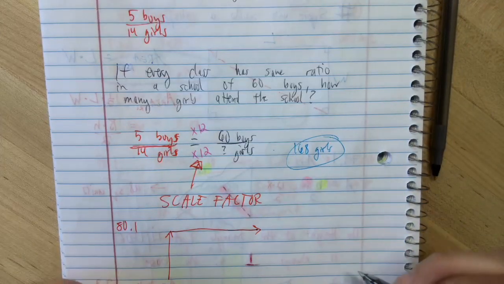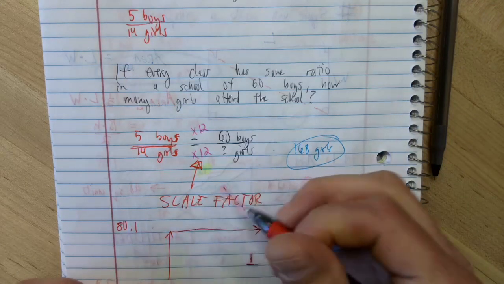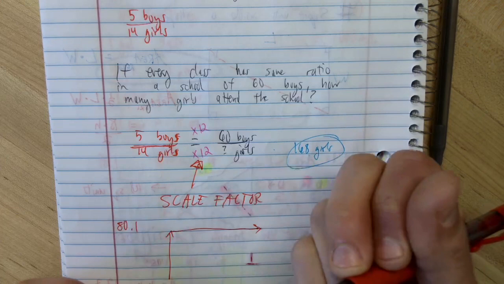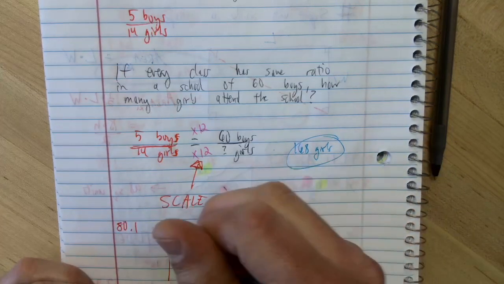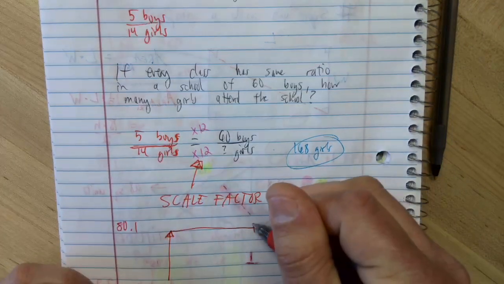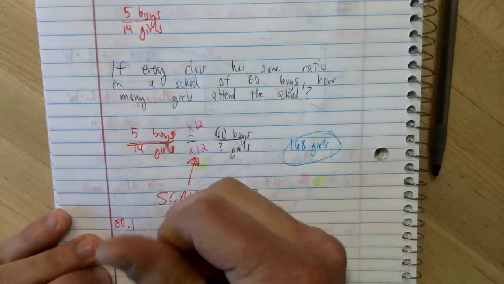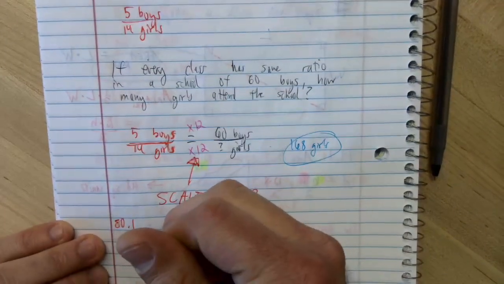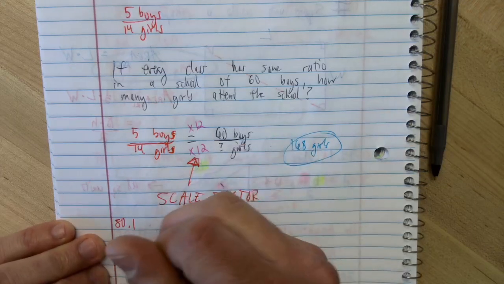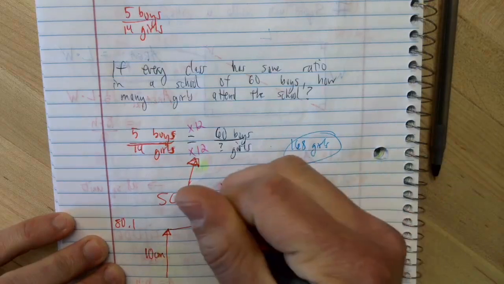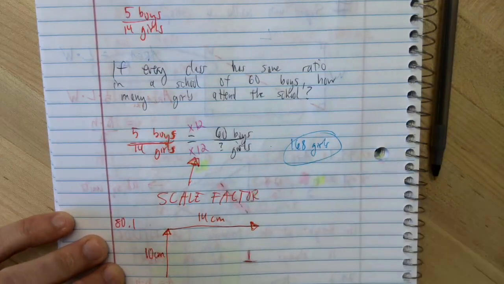Let's say Grayson goes for a walk. And probably the opposite, if you were going for a walk. Anyways, let's say he makes a map of his walk. And his map has 10 centimeters here and 14 centimeters here.